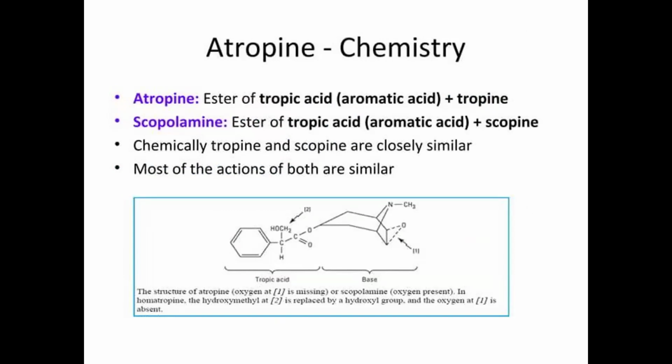So mostly actions are similar. Else, scopolamine has a direct action on all the five receptors, except that it has very low specificity for the M2 receptors, the receptors of the heart.